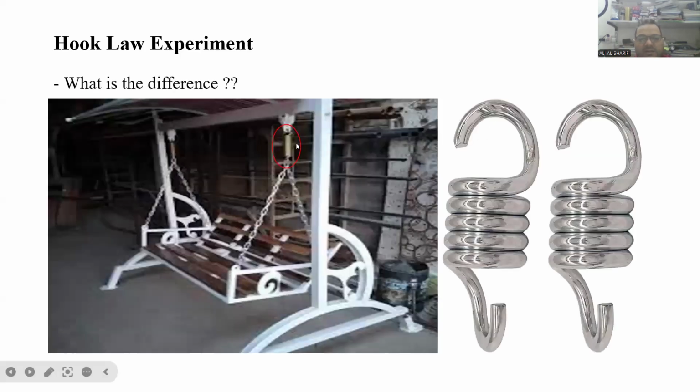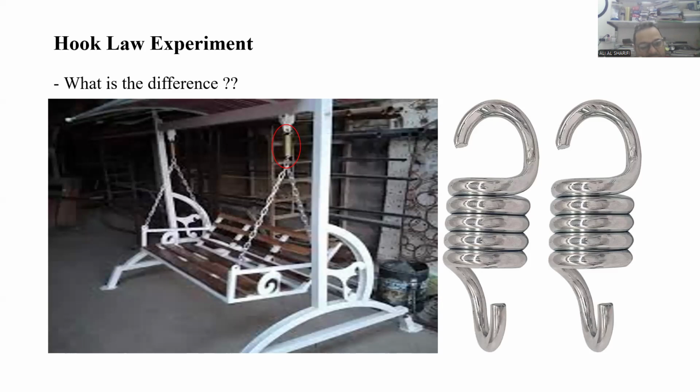Here, let us think about this picture. What is the difference between these two springs and this one? This is smaller one according to these two. Sure, the cross section area is different.